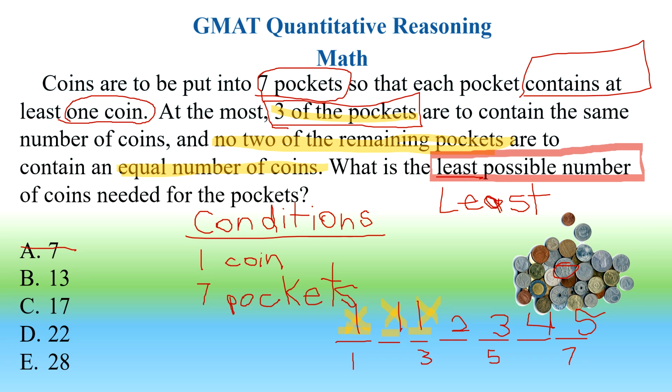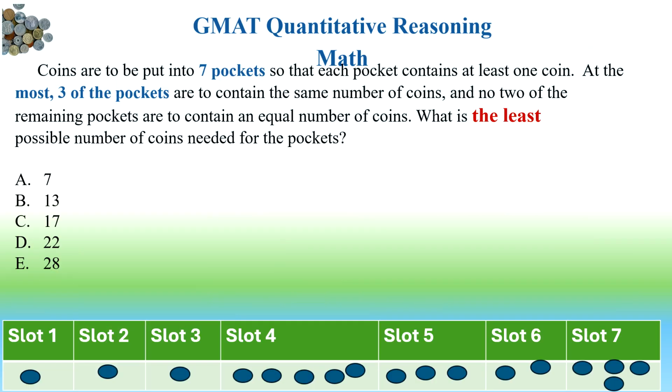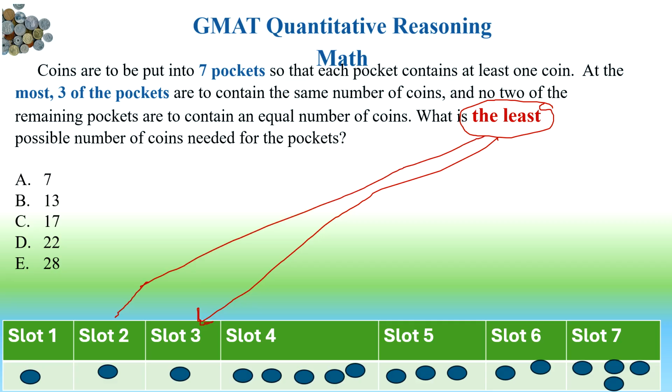Okay, but let's look at it another way, because 17 really is the answer. Same thing, least amount, you can put slots, and here's your answer. What it's doing to you is that if you put the least in the first 3 slots, the rest of it's going to take care of itself.